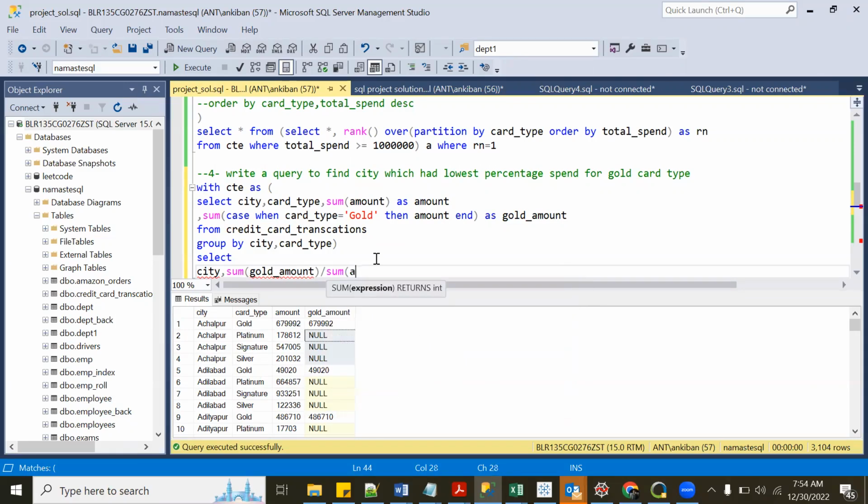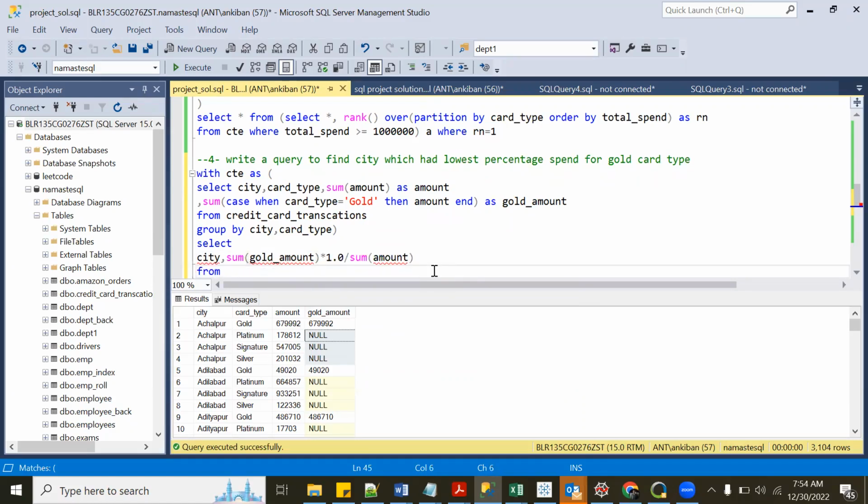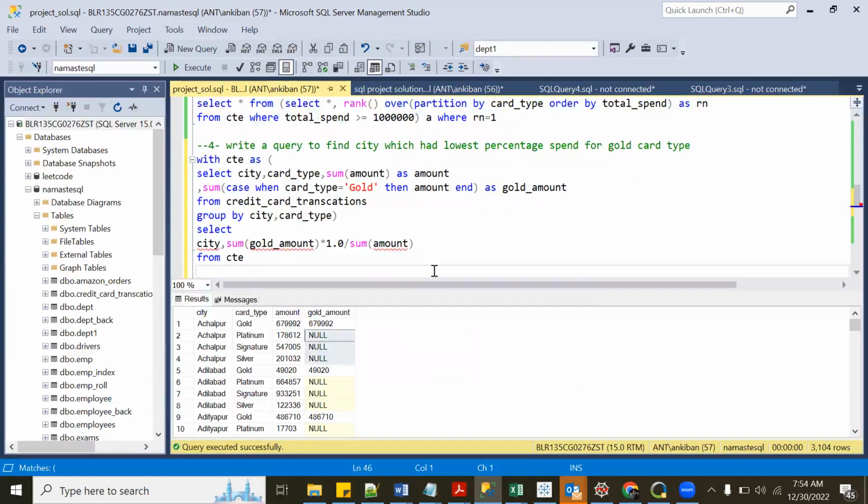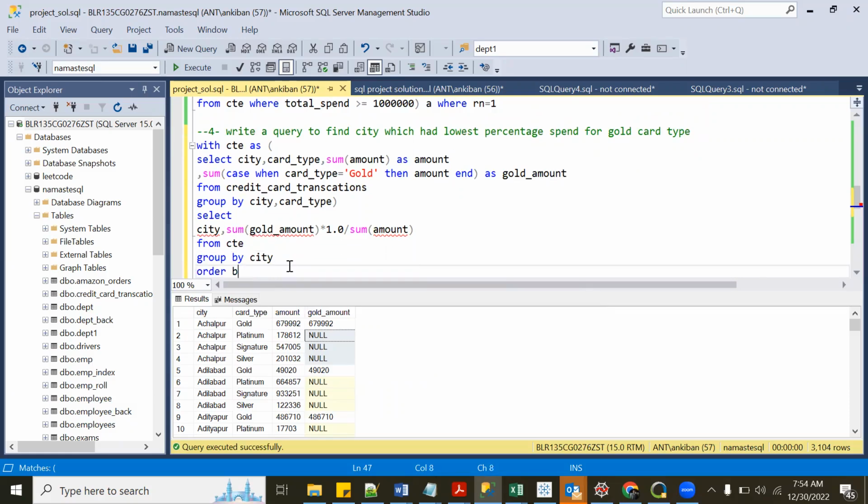Again, I will multiply by 1.0 so that I don't get the zero value, from city group by city, right? And I will do order by, let's say, as ratio, gold ratio. And let's run it.